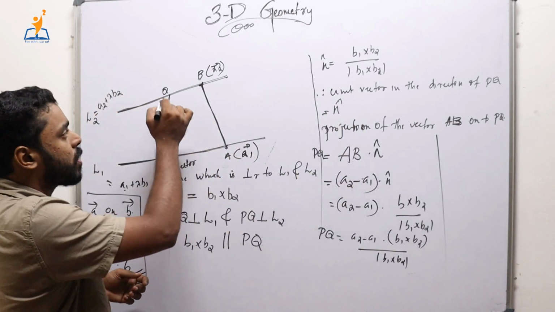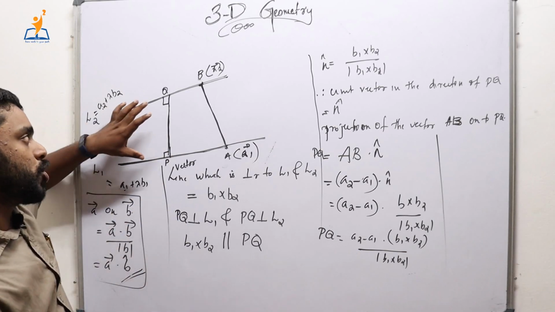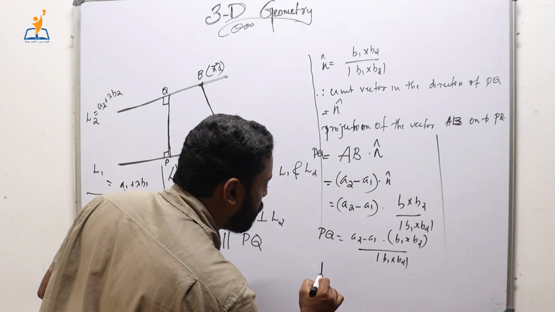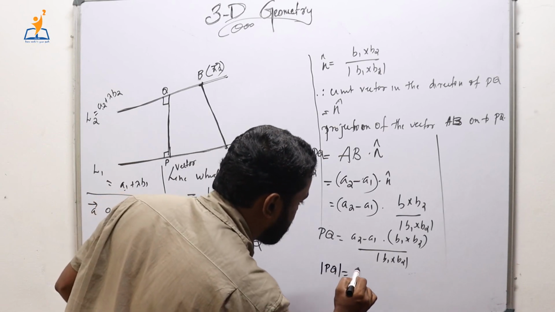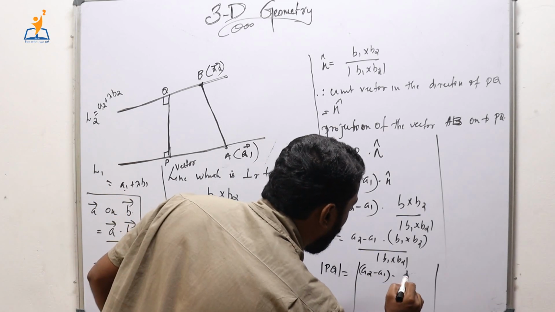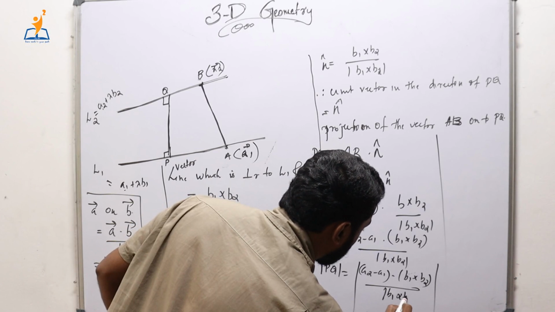Now PQ is given by this vector. We have to find the shortest distance, which means the length of the line PQ. So mod PQ is the shortest distance, which is equal to mod of A2 minus A1 dot B1 cross B2 divided by mod B1 cross B2.